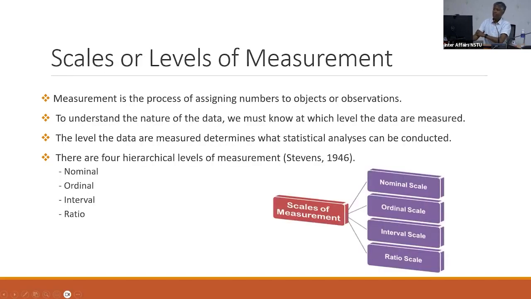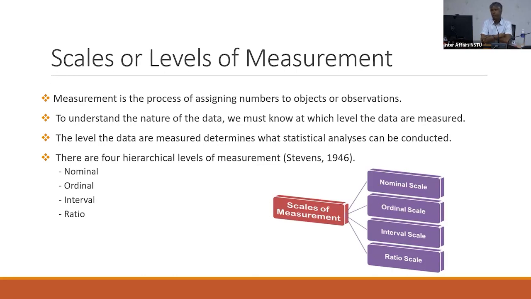So levels of measurement. Remember, for something to be real, it has to be measurable. And the way that we assign numbers to a concept differ by the type of data that they represent. So what do I mean by that?